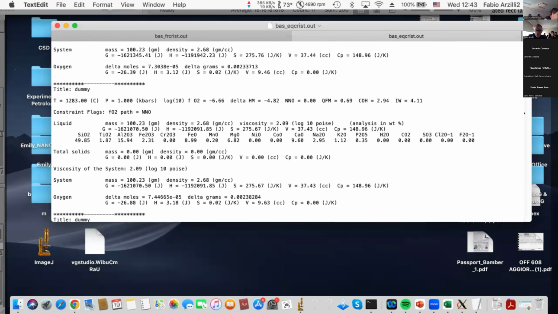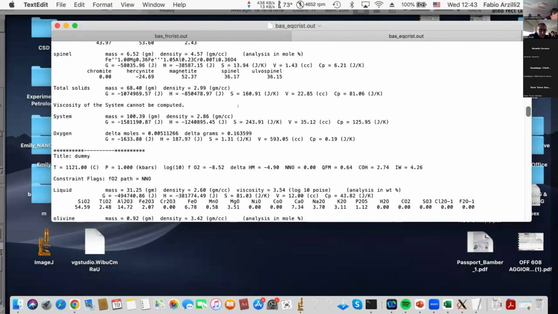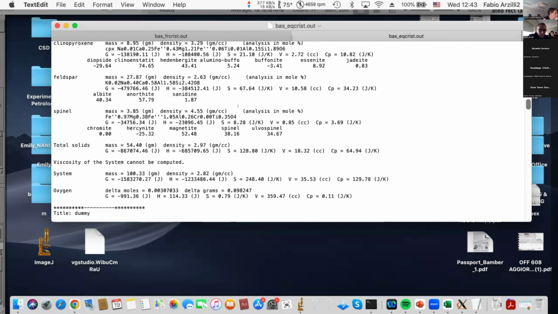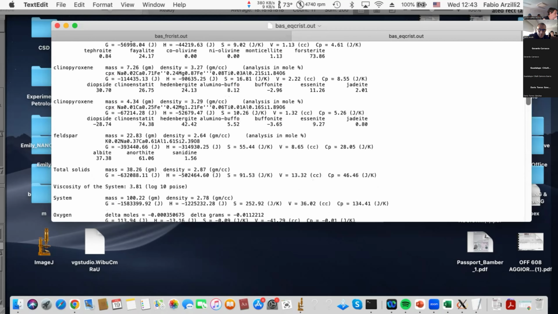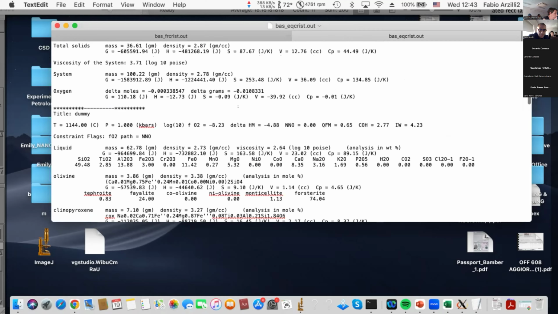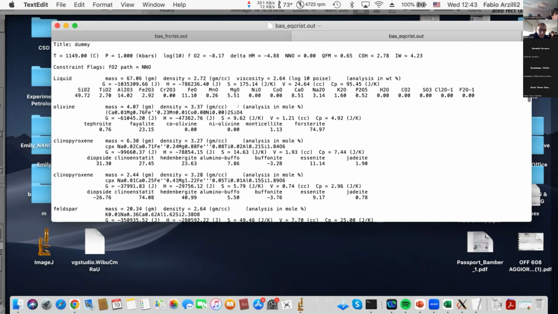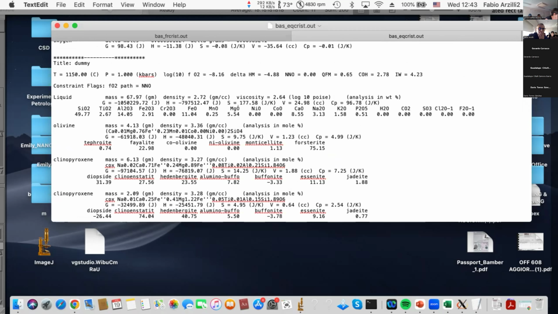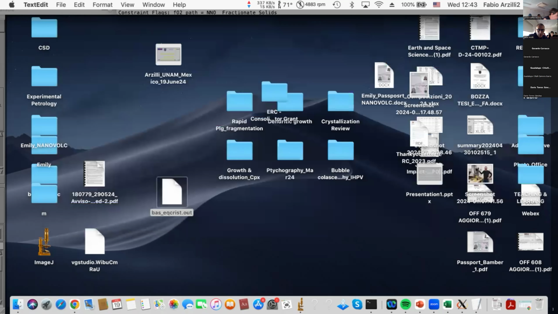Now, what we can compare, for instance, temperature 1150 for both of them.